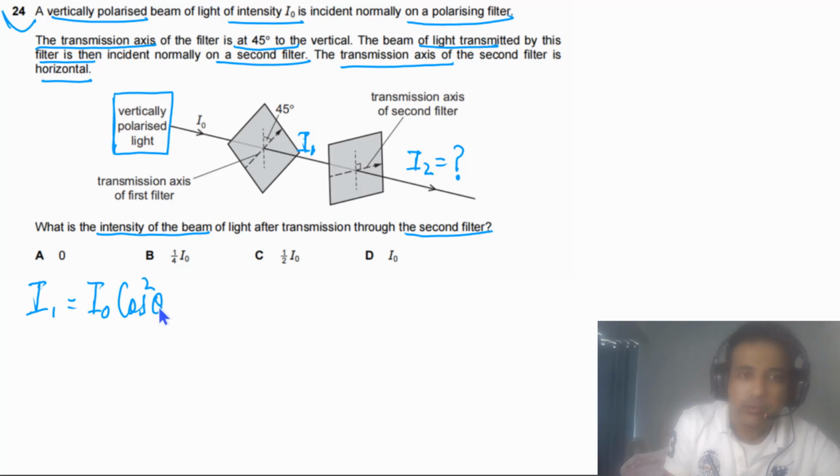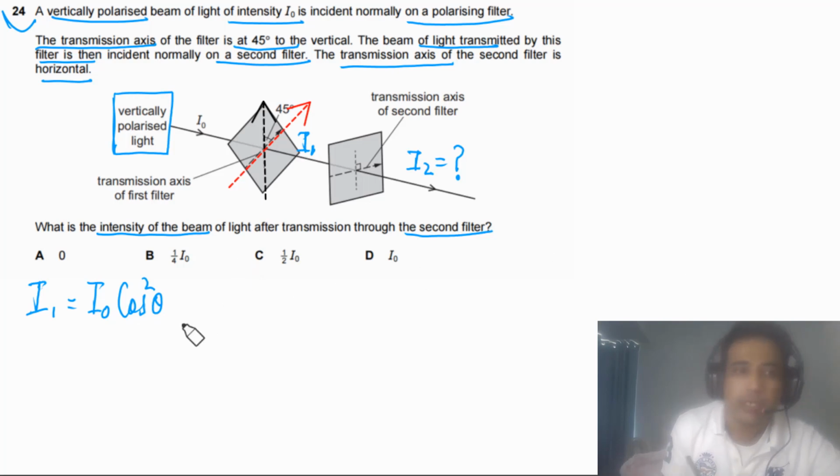In this case we have vertically polarized light, and the angle between the vertically polarized light and the transmission axis is 45 degrees. So we can also draw here, you can see the angle between the transmission axis and the vertically polarized light is 45.